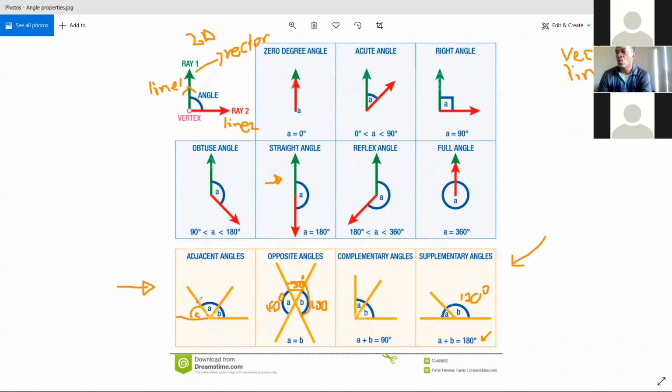Sometimes, if I go back a few things, we give you this reflex angle, we give you this one, and we ask you to try and find the other ones over there. So that's also a way we can go. All right. So enough on angles. That's just the first part of geometry that we would like to look at.